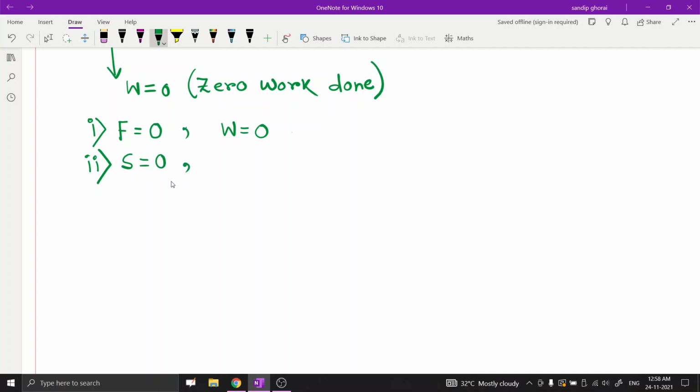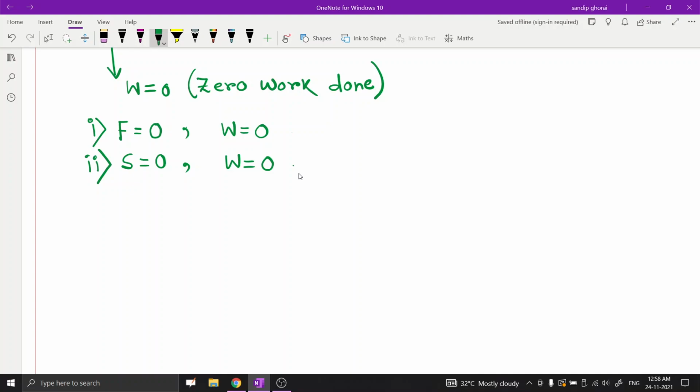Suppose we push a wall for a certain time, but after applying the force the wall is not displaced. That means we get zero work done.